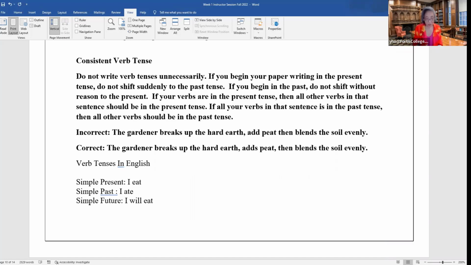So if I were to add something like "will blend," for instance, suddenly we jump into the future. Now you can switch verb tenses, but then you have to have some kind of transition word, like "suddenly an earthquake erupted."